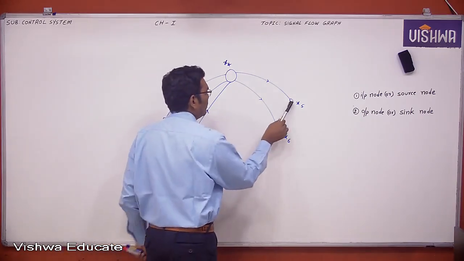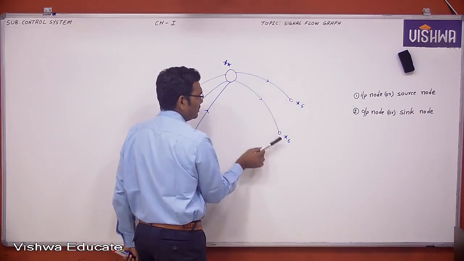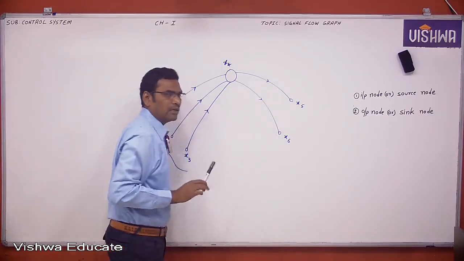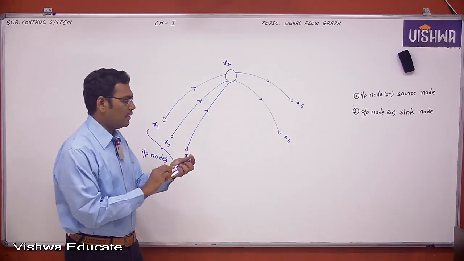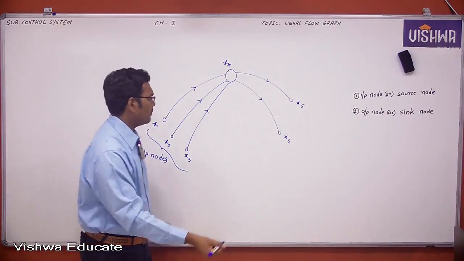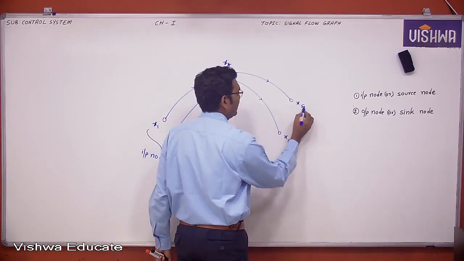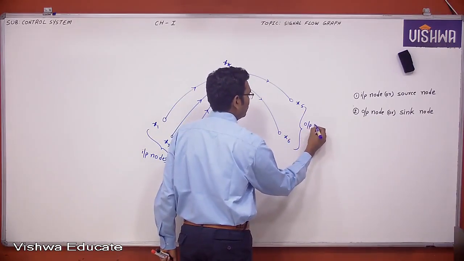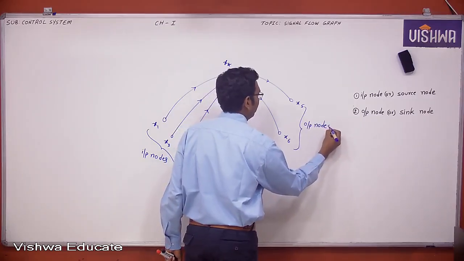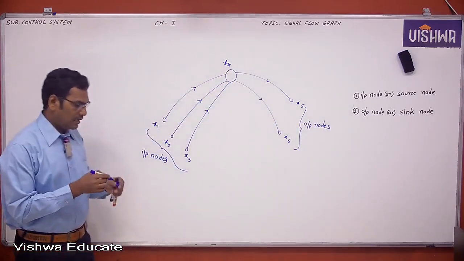Now see here, this has only an incoming branch and this has only an incoming branch. The nodes having only incoming branches come under output nodes or sink nodes. So therefore x5 and x3 come under output nodes or sink nodes. Clear or not?